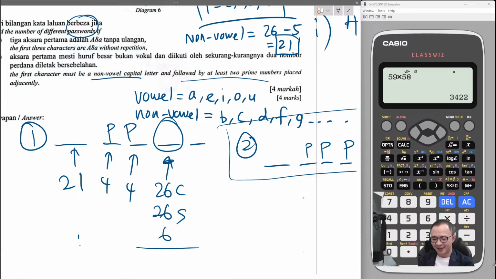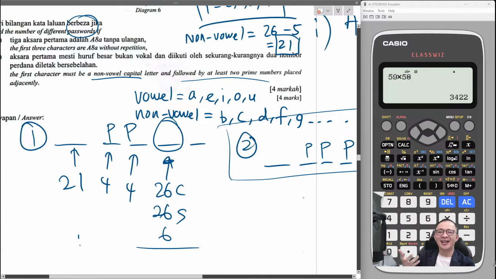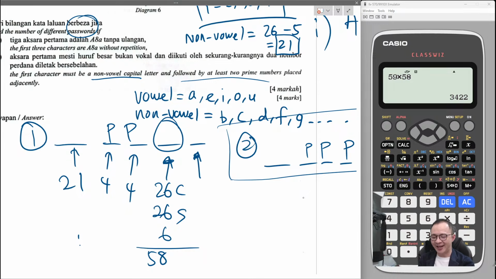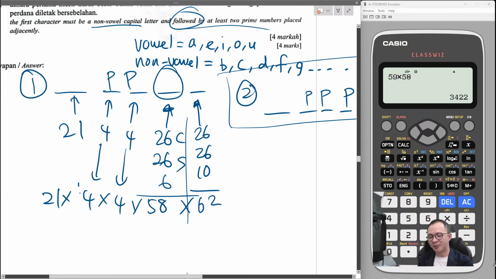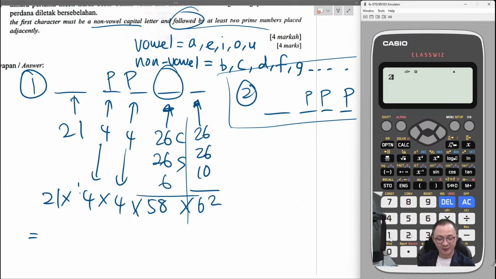So if we add together, we get 58. But the last one can be prime or non-prime, because they just say followed by at least 2 prime numbers. So if I skip one non-prime, the last one being prime is okay. So this one can be 26, 26, and 10. We add together, it will be 62. Then I multiply this one, bring down, bring down, bring down. I'll multiply this one first for case number 1.